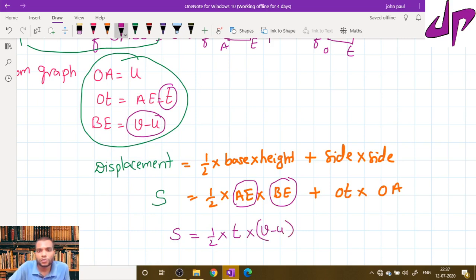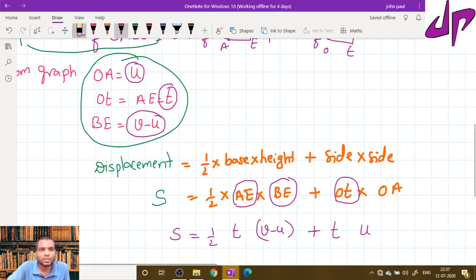Plus OT value also t, times OA value equal to u, times u. So I will remove this multiplication symbol, you can just put a dot.